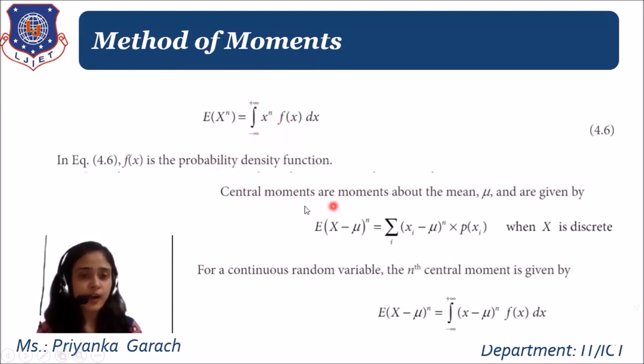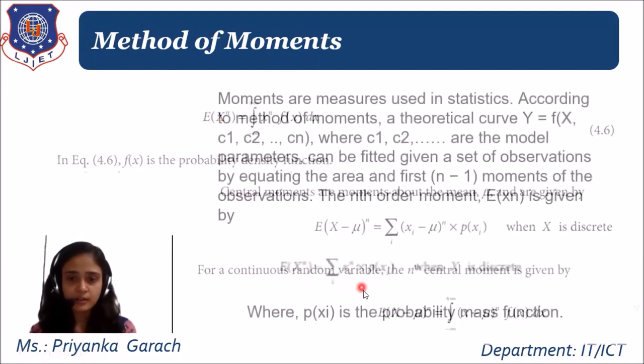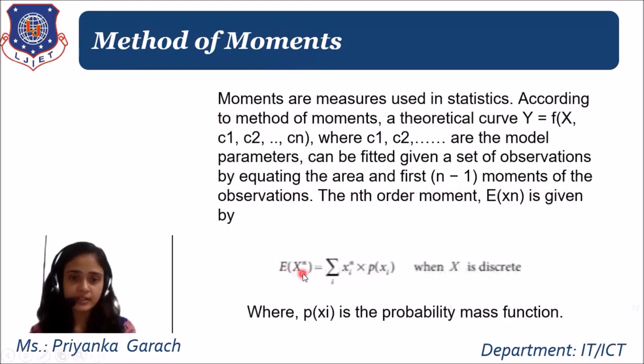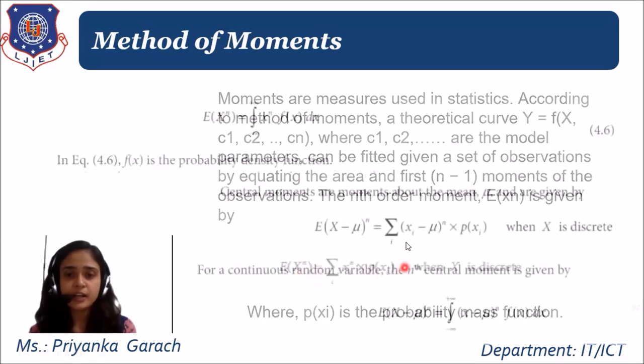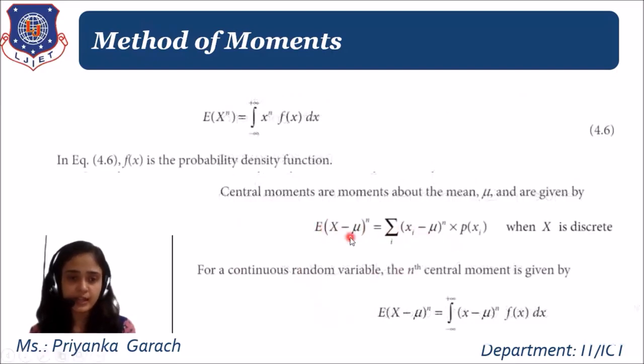If I want to find the central moments, I can write the value of x minus the mean raised to n. In this particular equation, if you replace x with x minus mu, then you will get this equation, that is E of x minus mu raised to n equals the sum of xi minus mu raised to n into p of xi.